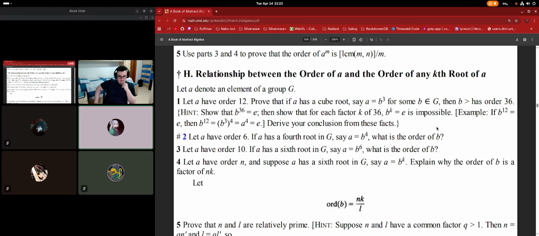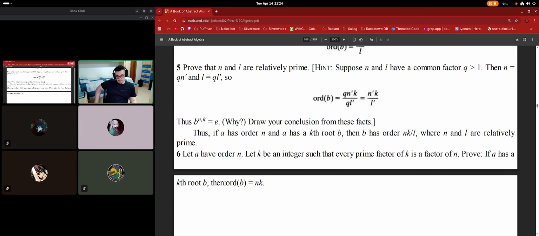And then k is the order of B, which in this case is 3. And 3 is a prime number, so it only has itself as a factor. And it is a factor of 12, importantly. This example follows the conclusion of 6, right? Because this is essentially saying the order of b is equal to 36. My problem is that we have to derive the generalization of that by this part.